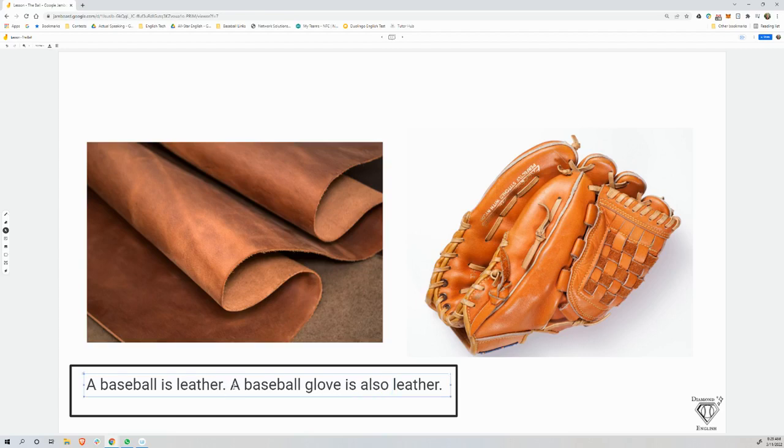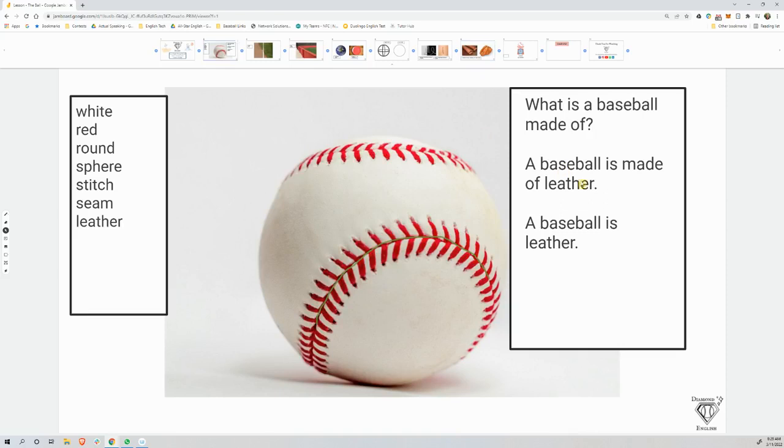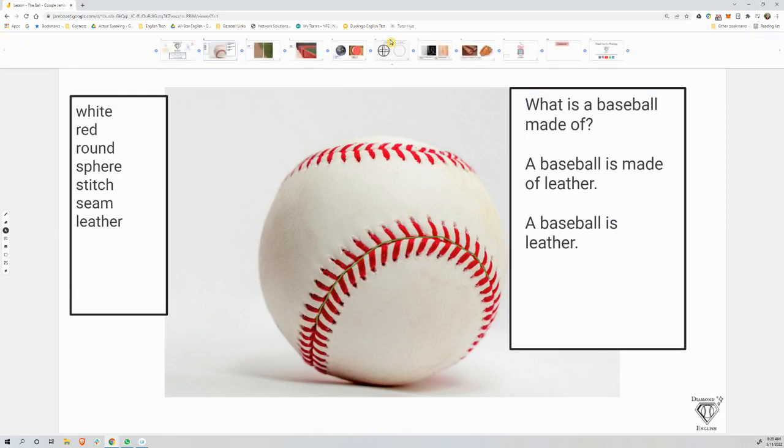Is also leather. What else from a baseball?